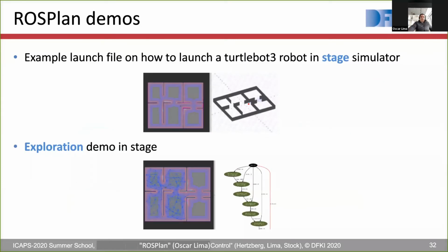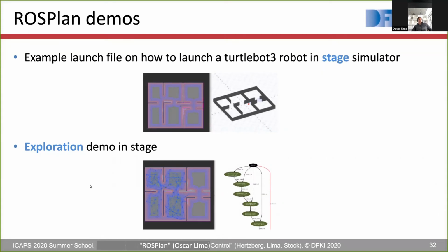And we are coming to the end. The last two things that I have is just to make you aware that there are some demos available in ROSPlan. So here we have some of the demos. You have an example of how to launch the stage simulator. You have an exploration demo in stage.